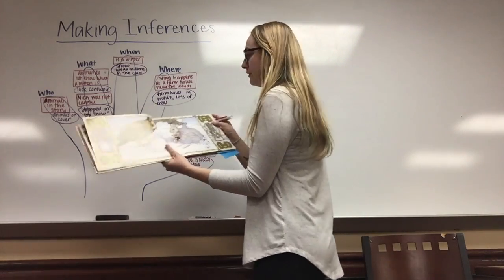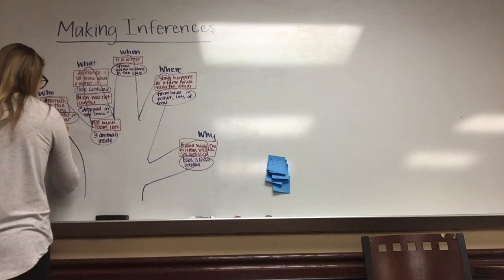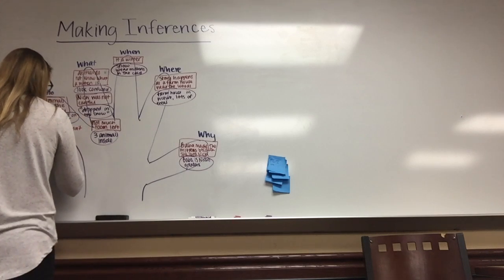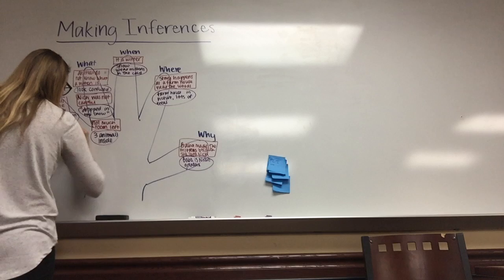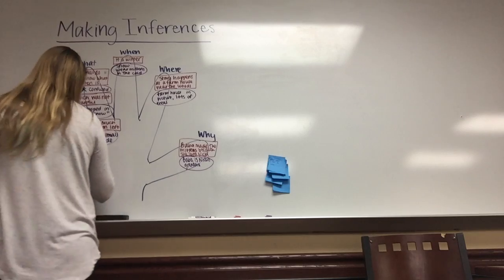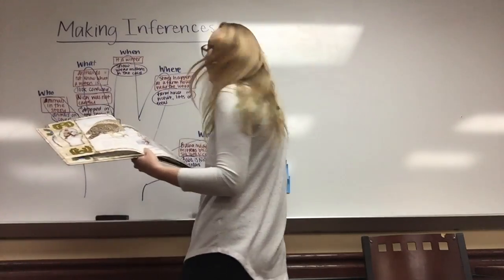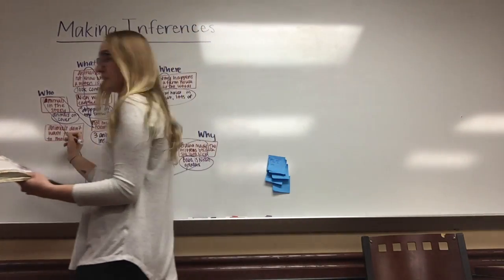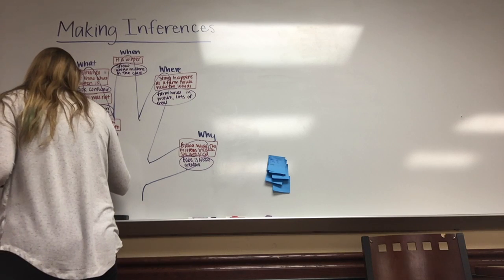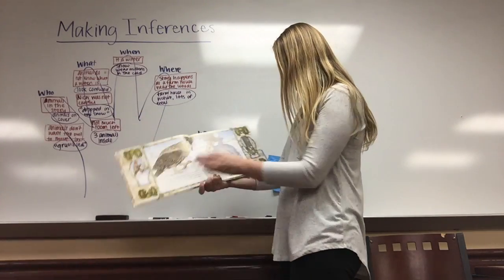So over here, for our who, we're going to say that the animals don't want the owl to move in. Almost forgot our box. And our evidence is because the text says that they grumbled. All right, let's keep going.